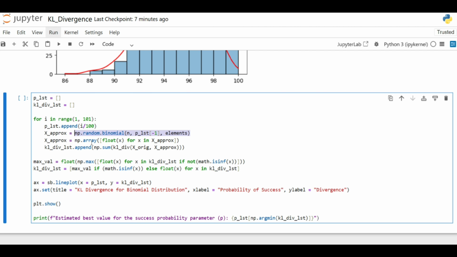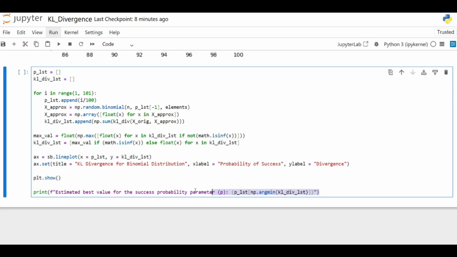We will be creating these distributions one by one, and we will compare each of these approximated probability distributions with the original probability distribution using the KL divergence and create an array of the KL divergence itself. So we can determine at what value of the probability P the KL divergence becomes the least. That specific part of the construct will be tested by this part over here.